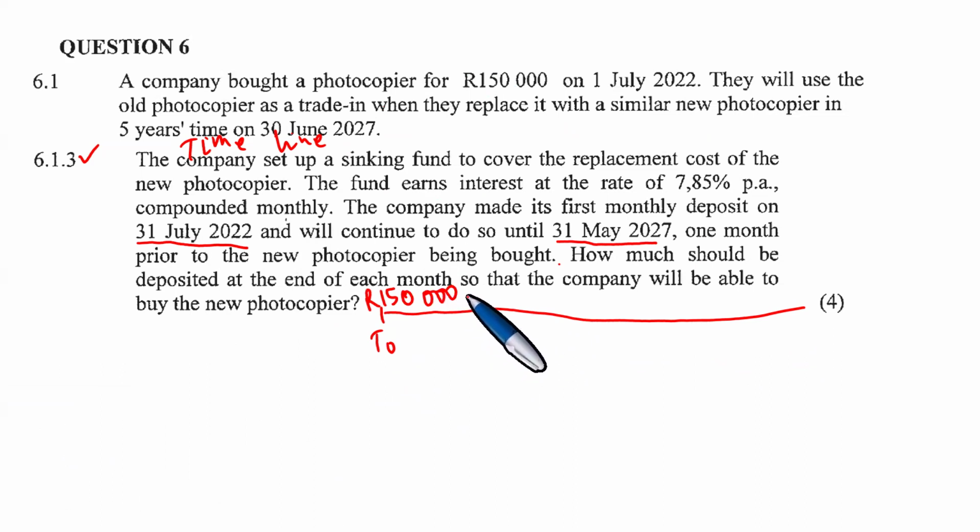The fund earns interest at a rate of 7.85% compounded monthly. This was on 1 July 2022 when the company bought this photocopier. At time 0, it was exactly 1 July 2022.